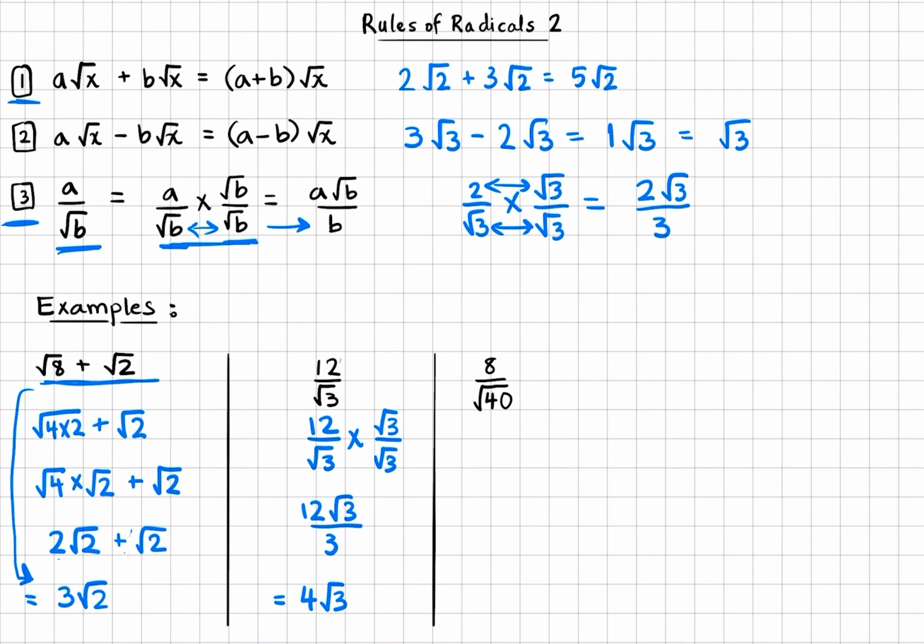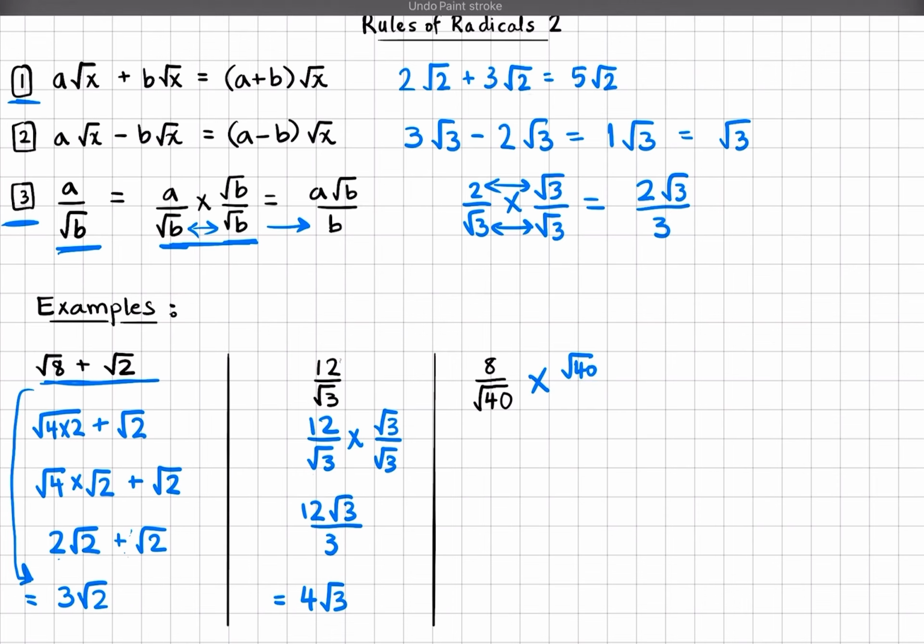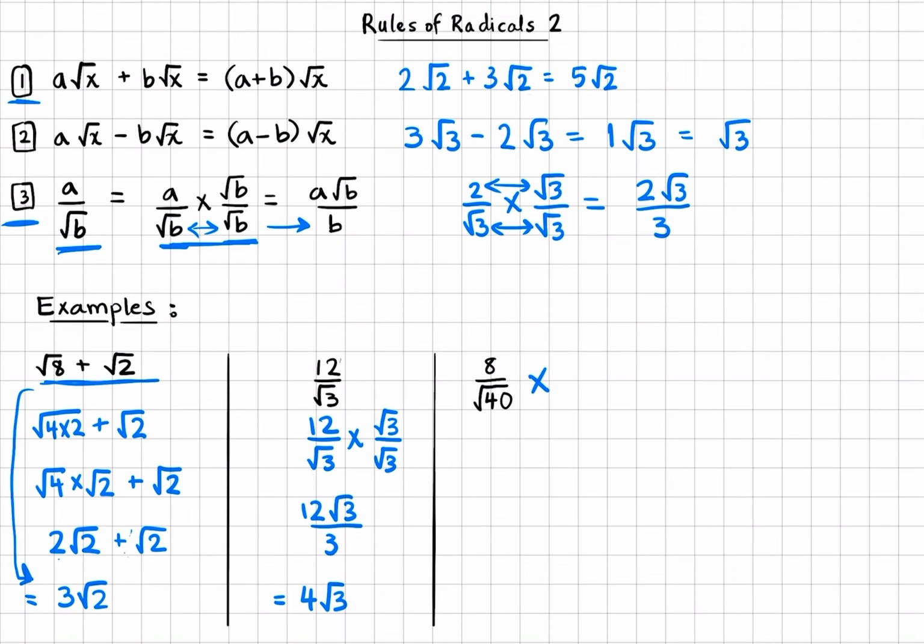So maybe you'll think, okay, so let's multiply this by square root 40 over square root 40. And you wouldn't be wrong. However, the way my brain works, this is a matter of preference at this point, but I would prefer to simplify the square root first and then multiply after I simplify it, make it a smaller number.